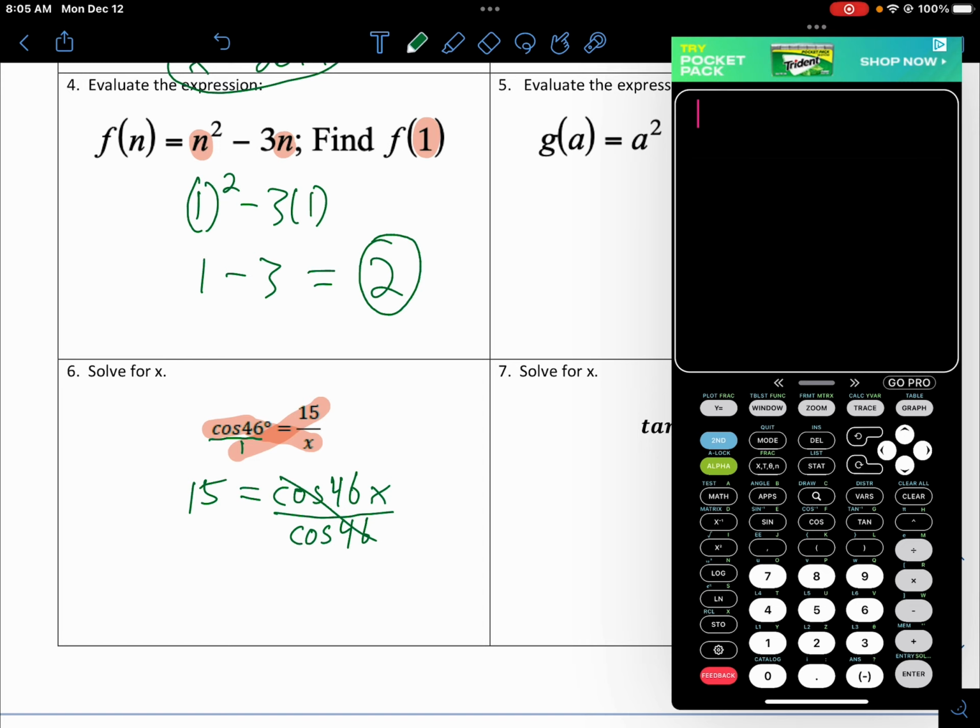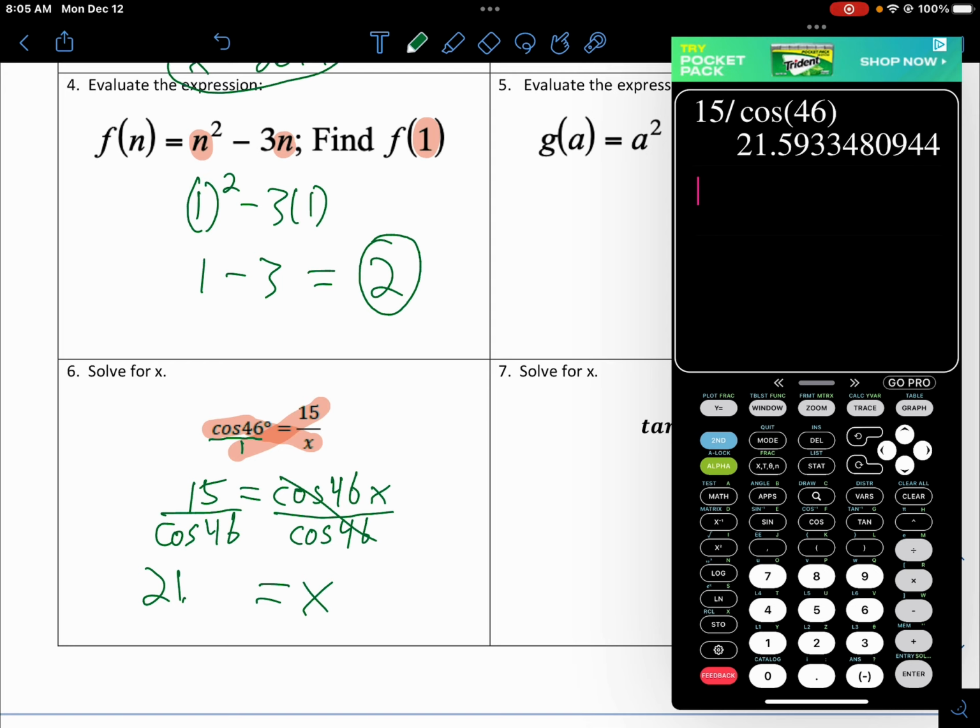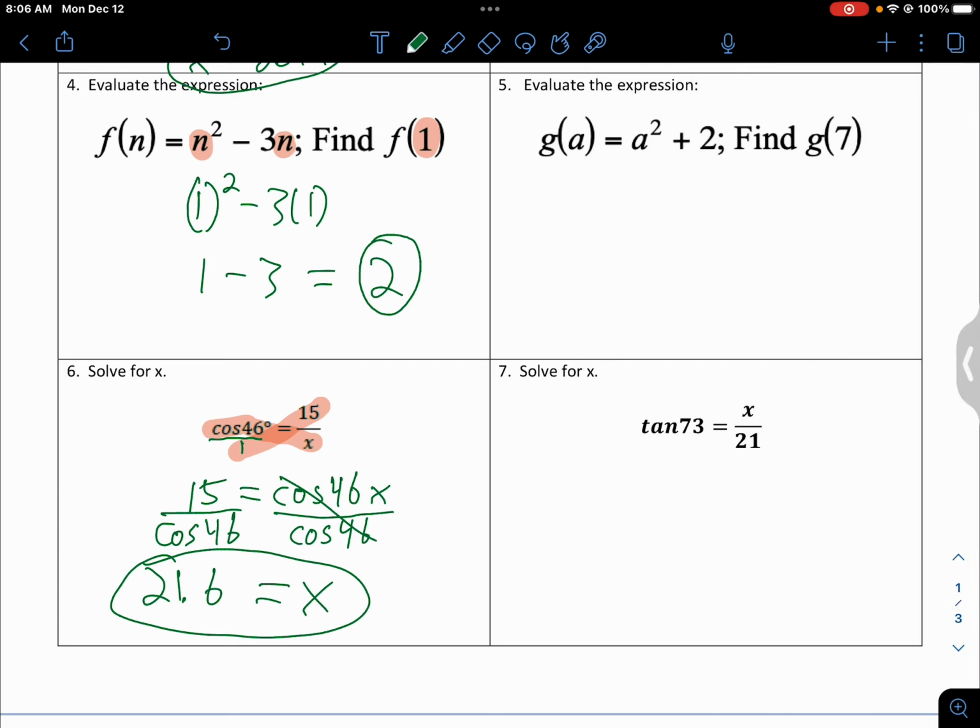So you divide by cos 46. So you've got x over here, and whatever 15 divided by cos 46 is. There you go. 21.6. Done. Remember that 9 makes the 5 round up. Okay?